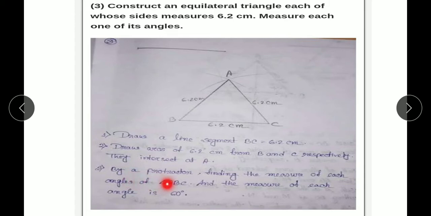By the protractor, finding the measure of each angle of triangle ABC, the measure of each angle is 60 degree.